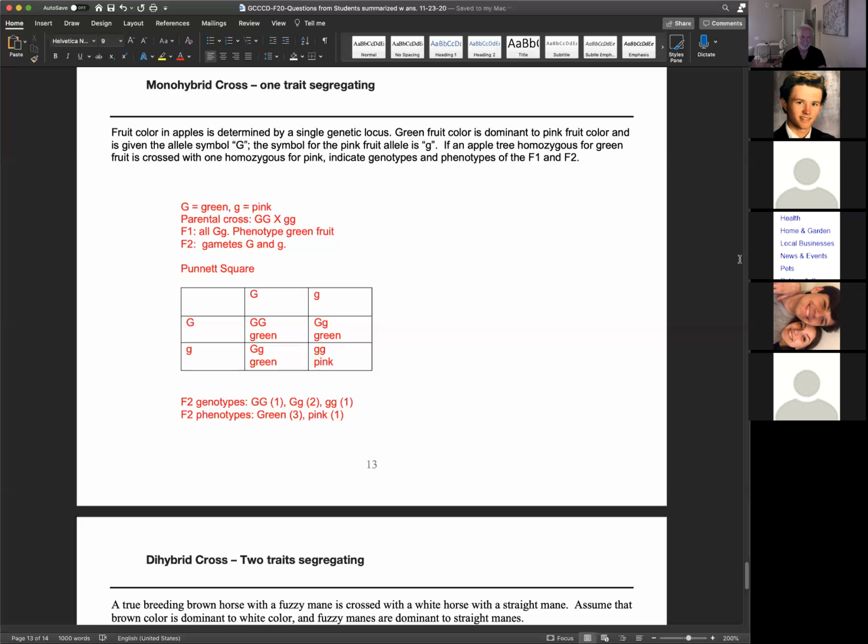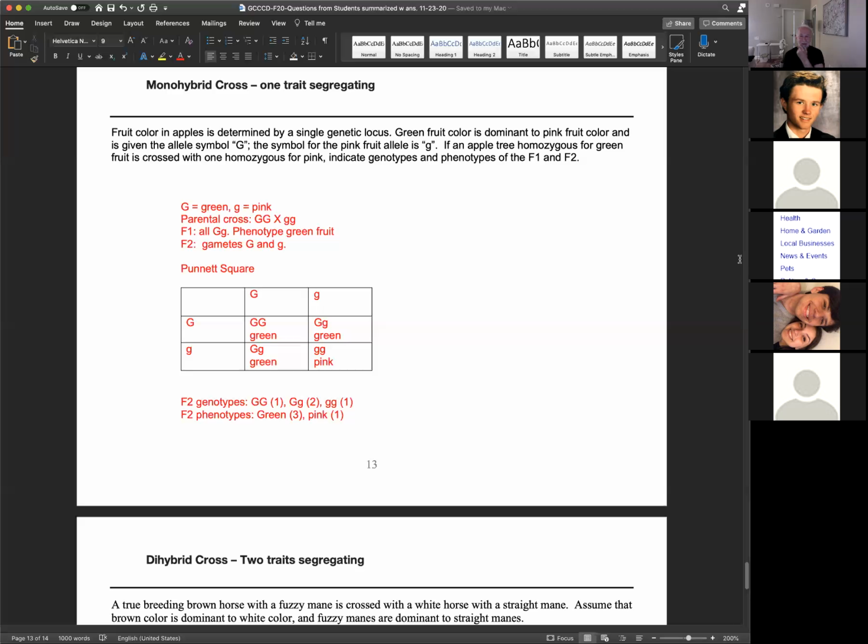So the first problem you see here is a monohybrid cross. So we know we're going to be looking at one trait at a time here. And this is talking about fruit color in apples. And they're kind enough here to tell us that it happens at a single genetic locus, which is good because it tells us that we're not dealing with anything overly complicated, like polygenic inheritance.